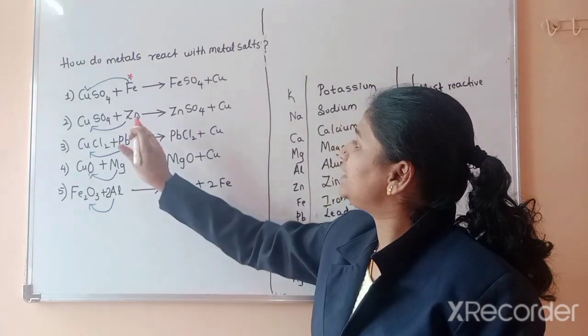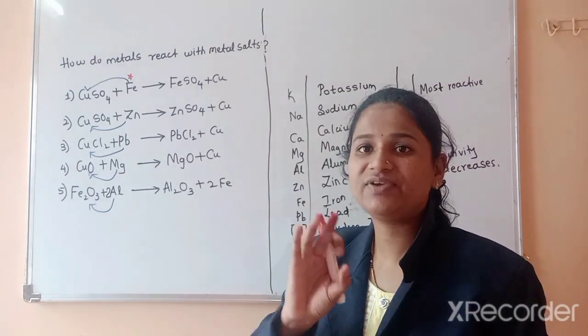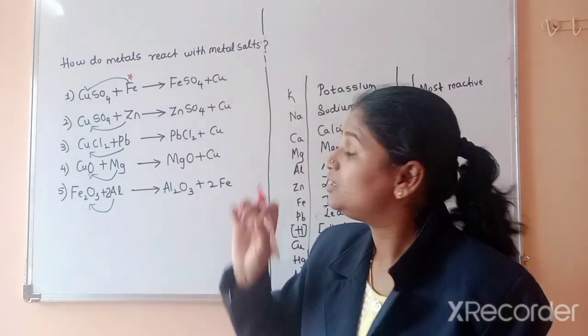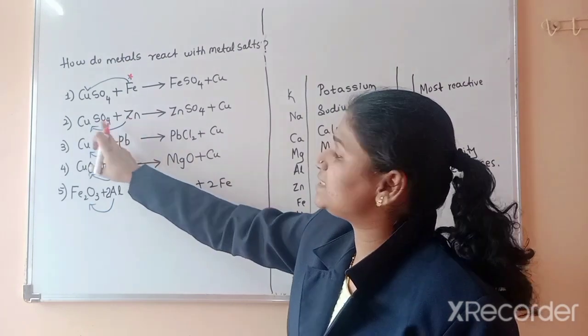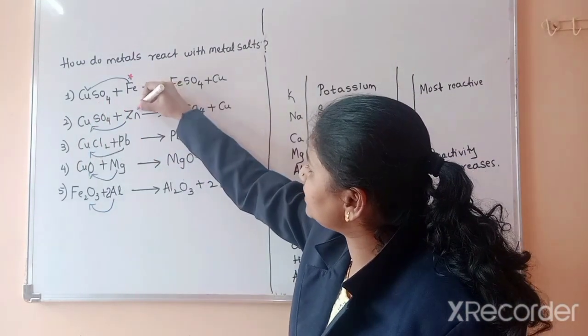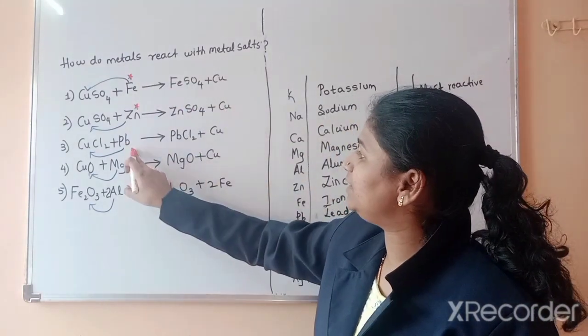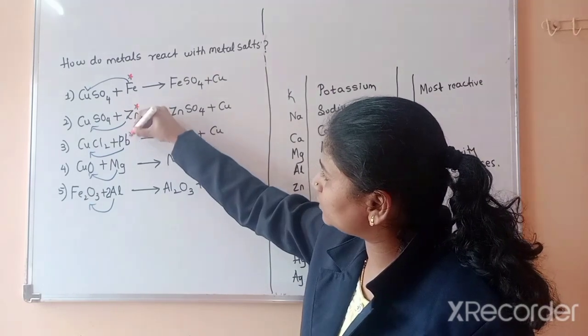Similarly, in a copper sulphate solution where we had put zinc, zinc is taking the place of copper in its solution, which means zinc is more reactive than copper. Then lead is more reactive than copper.